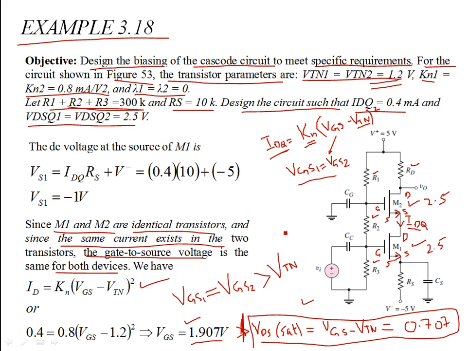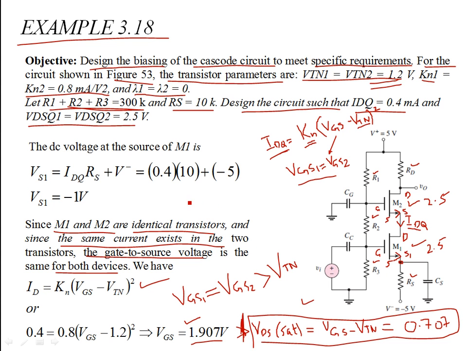If you continue with the design, you have to find the rest of the resistances. We are given RS, but you have to find R1, R2, R3. For that, let's find out what VS1 is, the source voltage at MOSFET M1.